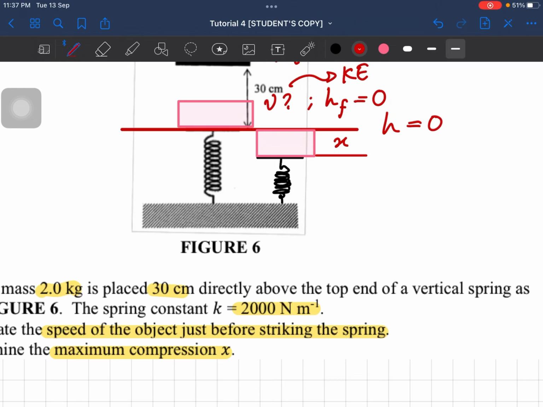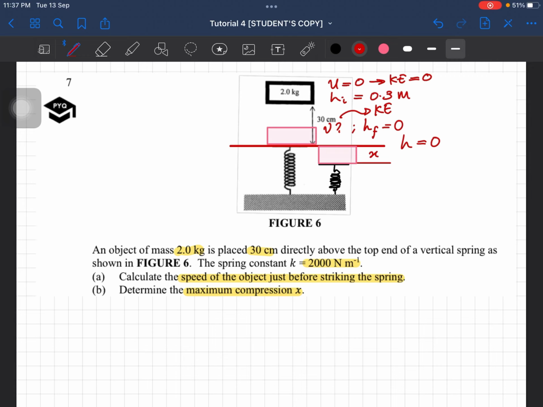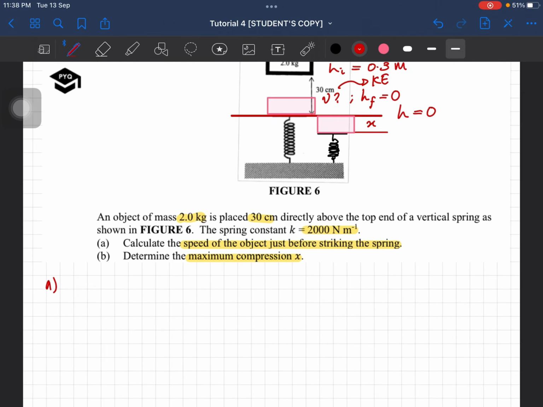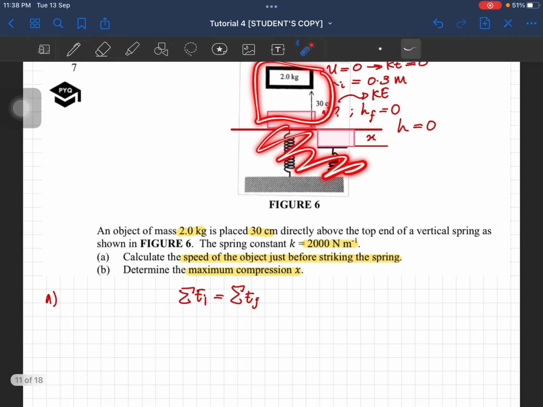Let's try to do A first. For question A, and for both A and B, we are going to apply conservation of energy. The total initial energy should be equal to the sum of the final energy. For this block only, for this situation, don't look at the spring yet.